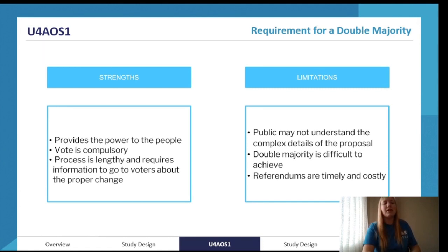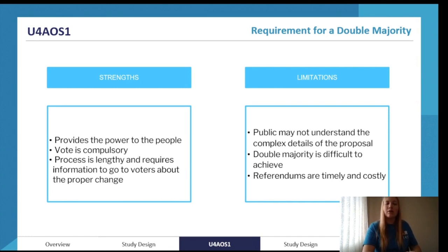The vote is compulsory, so everyone has to vote and demonstrate an opinion and respond to the proposed change. And also the process is very, very long and it requires information to go to voters about the proposed change. This ensures that voters have a lot of understanding around the referendum and what it entails, and they are able to make an informed vote, an informed decision.